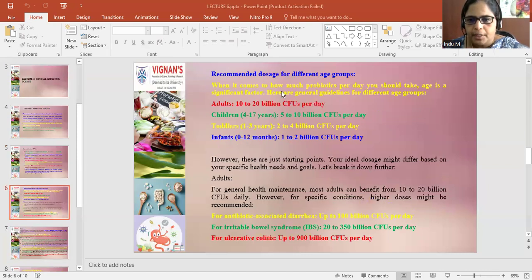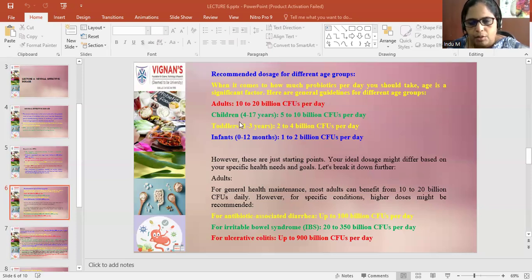If you see the recommended dosage for different age groups, generally the probiotic dosage varies from one age group to another. For example, infants vary, women vary, pregnant women vary, and old people vary. So based on the age group, we need to recommend the dosage. Adults require 10 to 20 billion colony forming units per day.